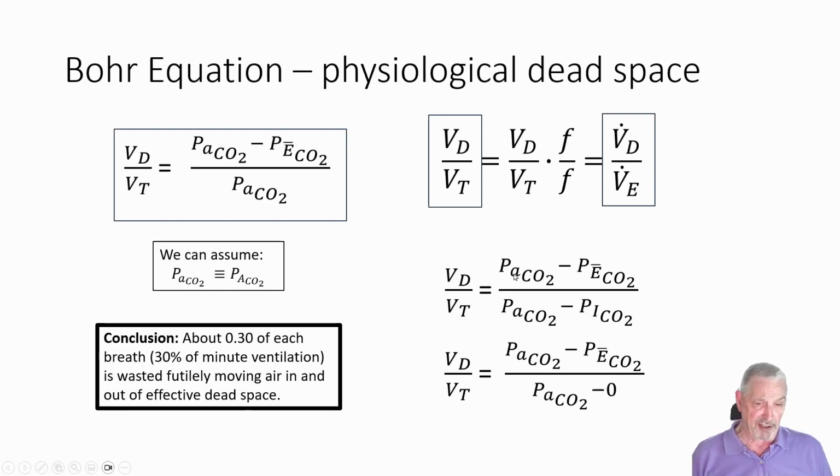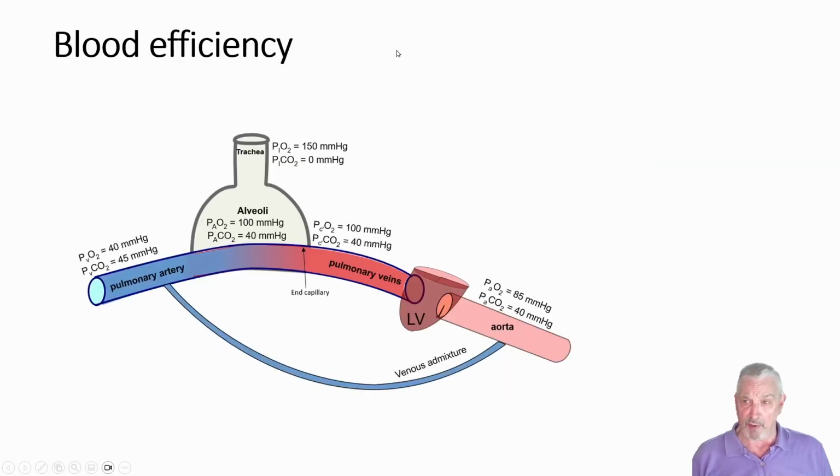The biggest value of CO2, 40 in the arterial blood, minus mixed expired CO2, biggest minus middle, over biggest, so these terms match, minus little. And so the lowest CO2 is this zero in inspired air, is the way this ratio comes out. And what we learn if we put in normal values is about 30% of each tidal breath, or about 30% of minute ventilation, are wasted.